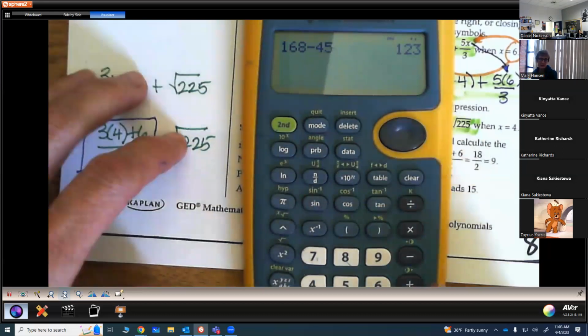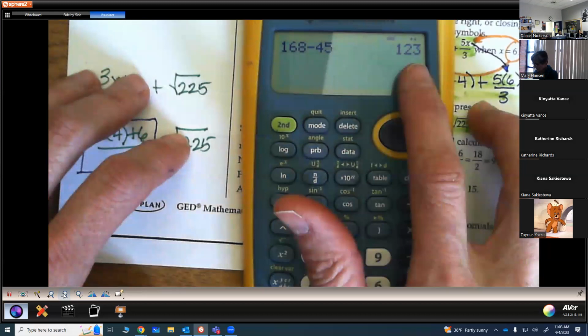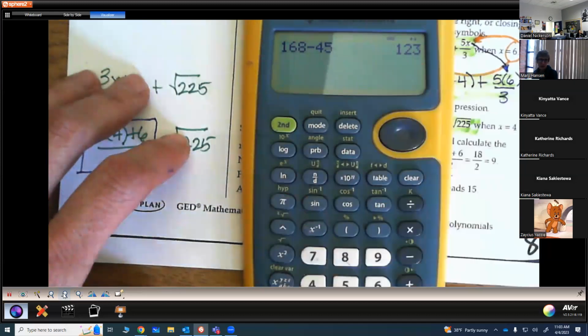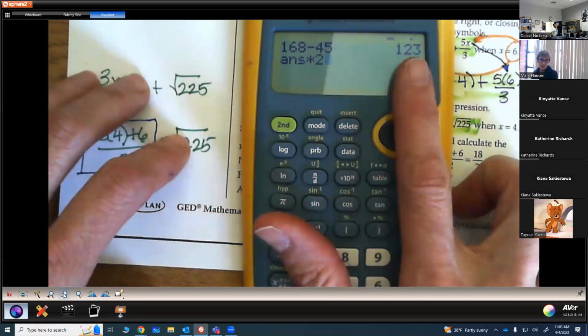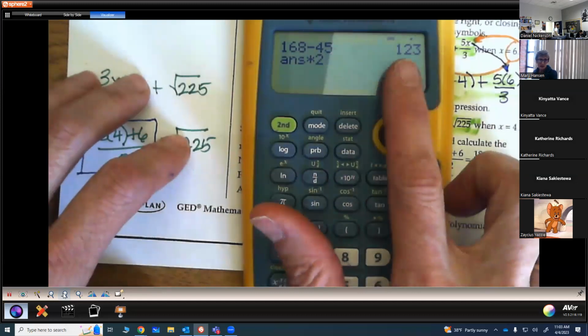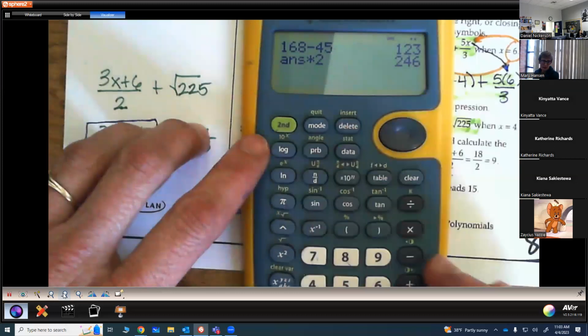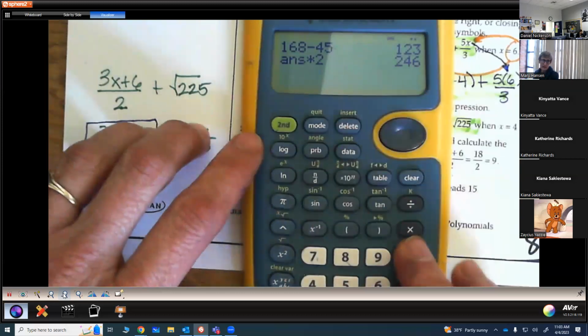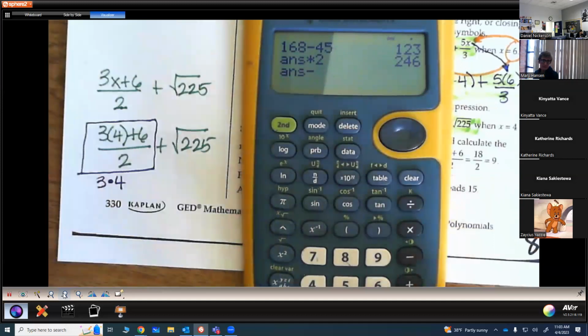Don't keep clearing the screen, because if I need this 123 and I'm going to multiply that by 2, I don't have to type in 123 again. I just get the answer, and then whatever's there, if I just start operating, if I push the subtraction key, it's going to say that previous answer subtracted by whatever I type in.